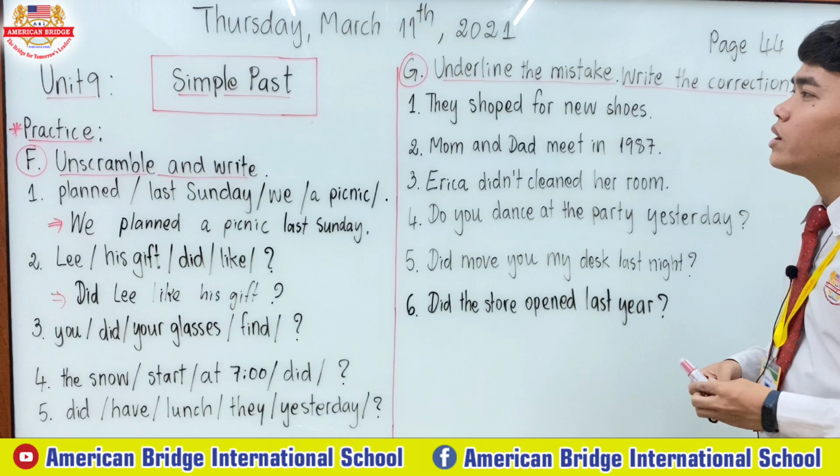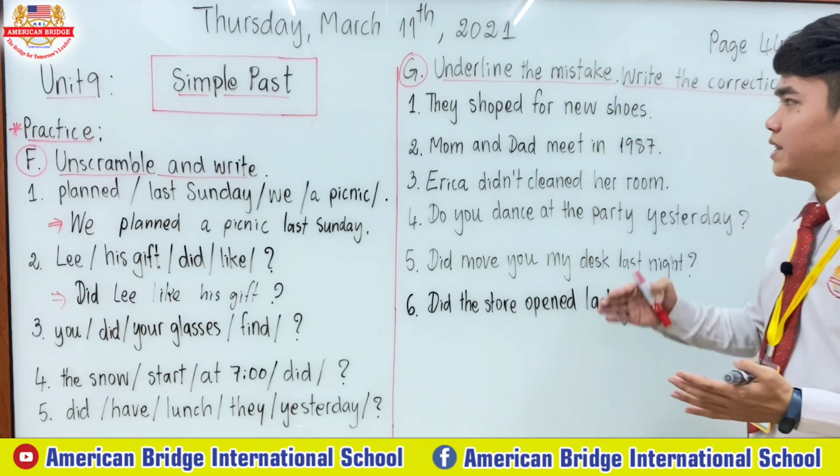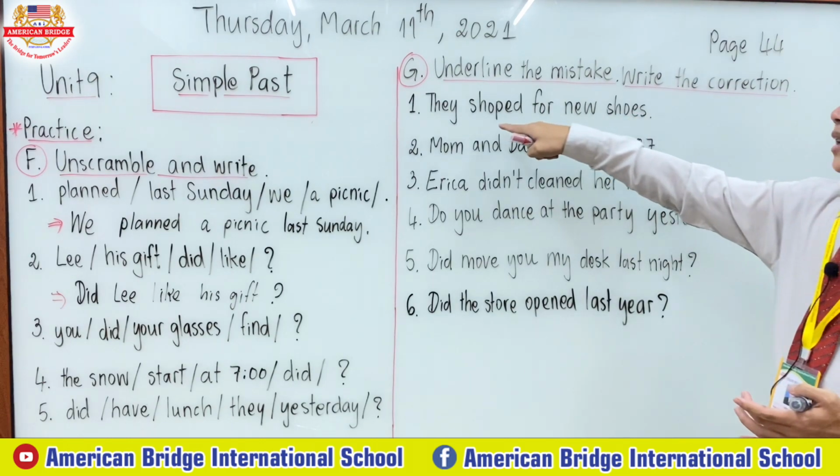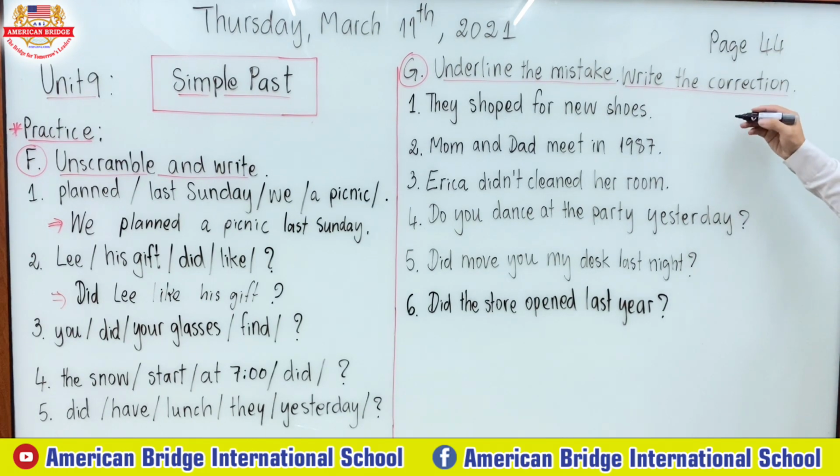In sentence number 1, the mistake is about the verb. What is the verb in the sentence? The verb is shop, right? As I told you already, whenever the verb has a vowel plus consonant, you have to double the consonant.